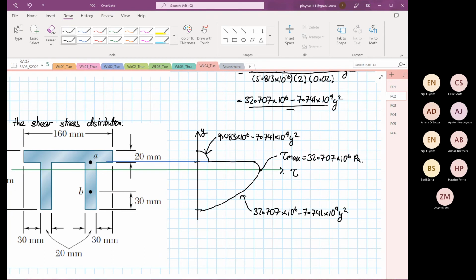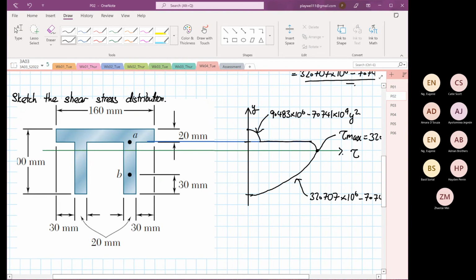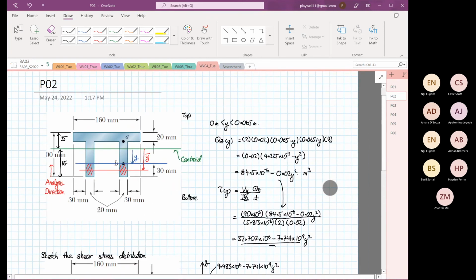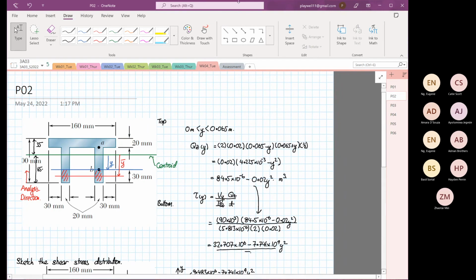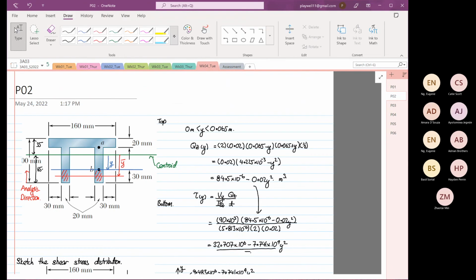Okay, so I want you to have the confidence. If the thickness, like from here, we know that this is the centroid, if the thickness is the same below or on top of the centroid, deriving the distribution equation will be the same whether you take it from the top or from the bottom. And you can see for yourself, it's so much easier to do it from the bottom, because the equation is so easy.